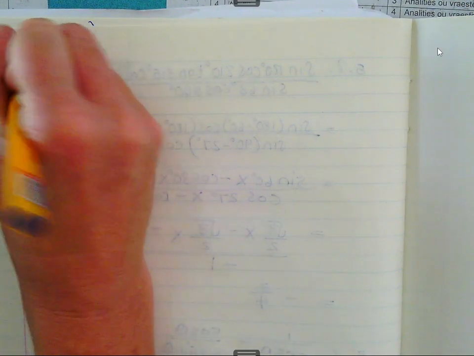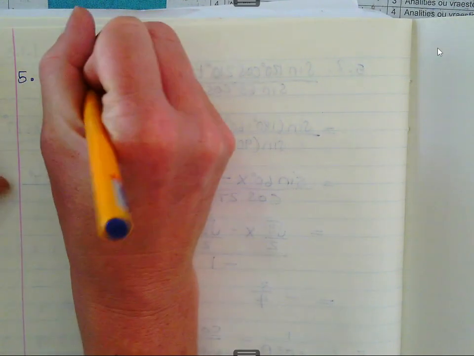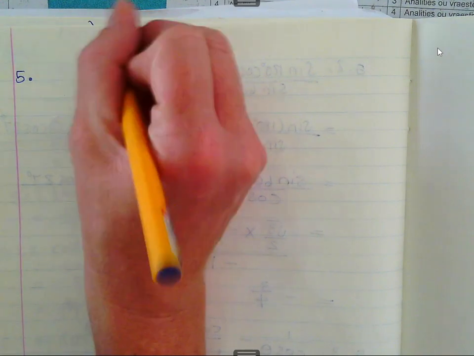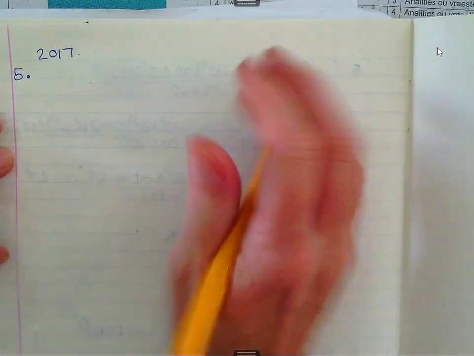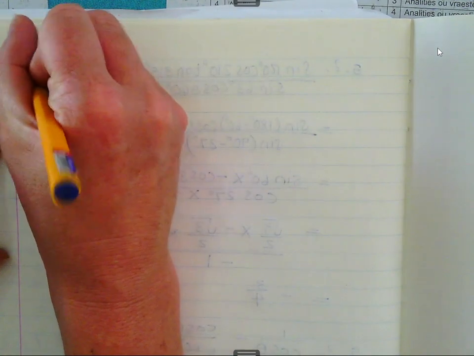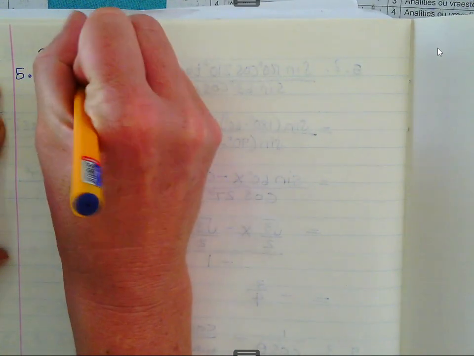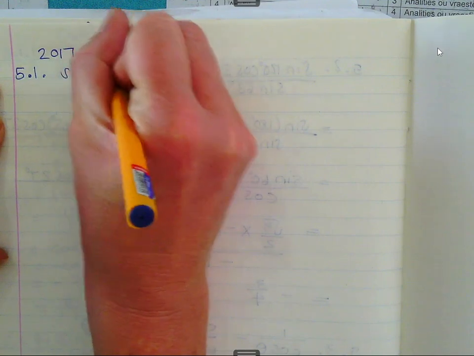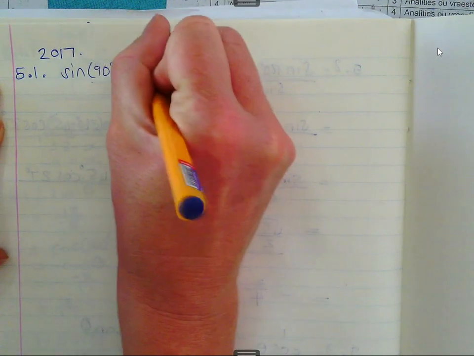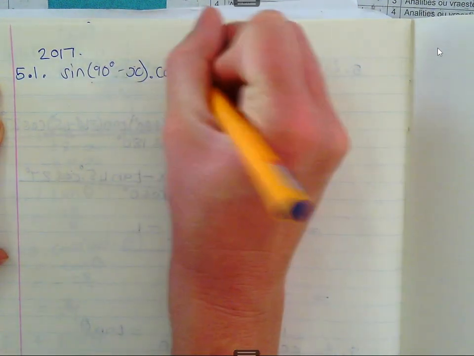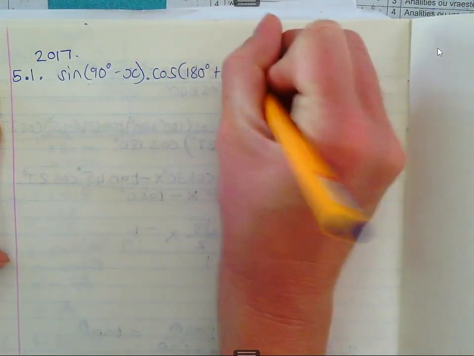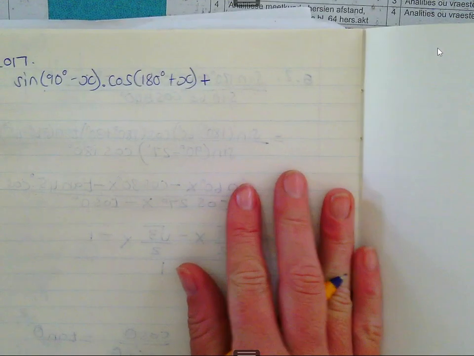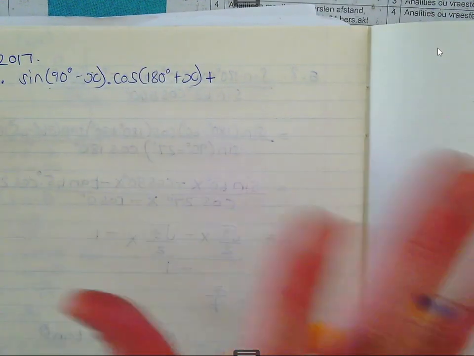Okay, the next one you had to do was question 5, and that was of 2017. So what we have there is 5.1: sin(90 degrees minus x) times cos(180 degrees plus x) plus, very important, did you notice that? Two terms.